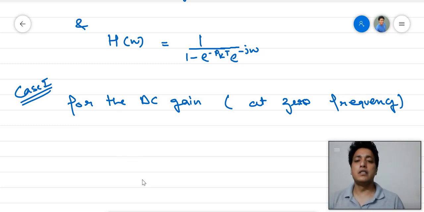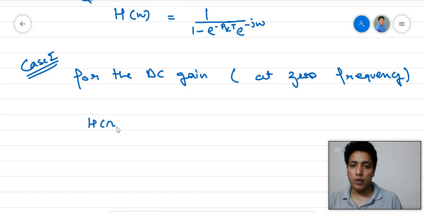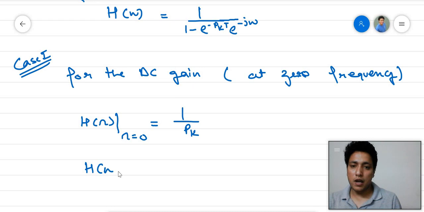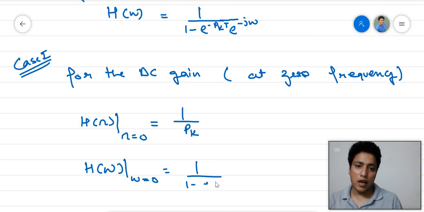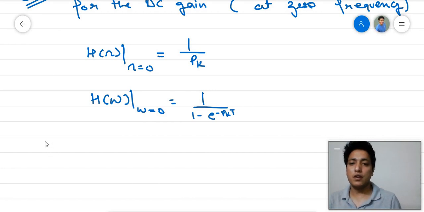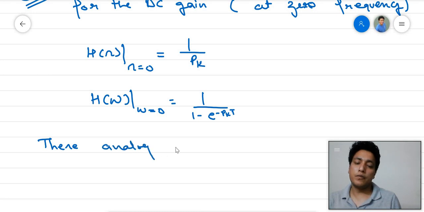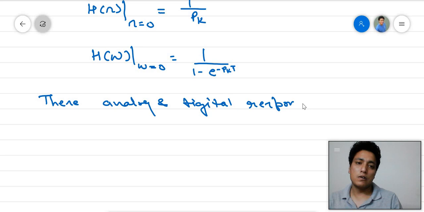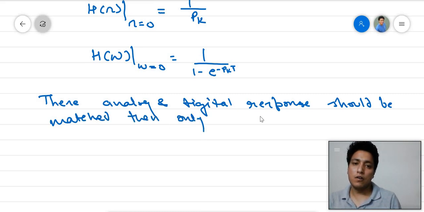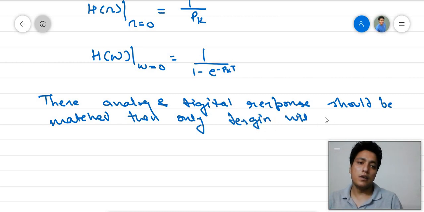For DC gain, H_a(omega) at omega equal to 0 will be equal to 1 by p_k. Next, H(omega) at omega equals 0 will be equal to 1 over 1 minus exponential minus p_k T. Now these two terms should be matched, then only the analog and digital responses will match, and then only the design will be impulse invariant.